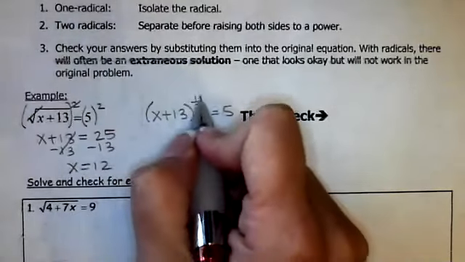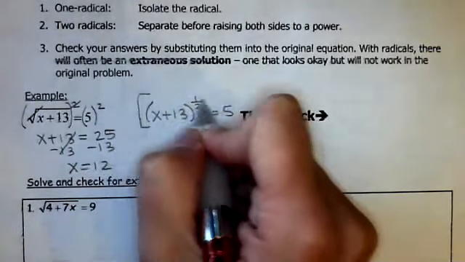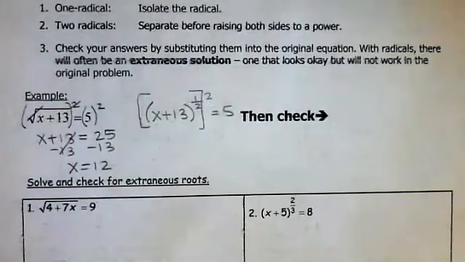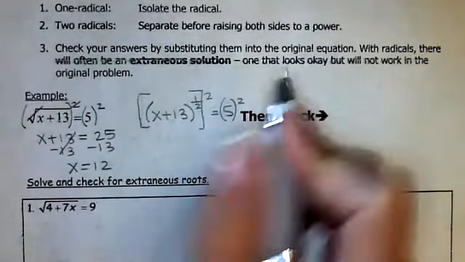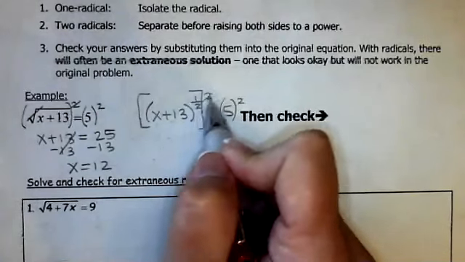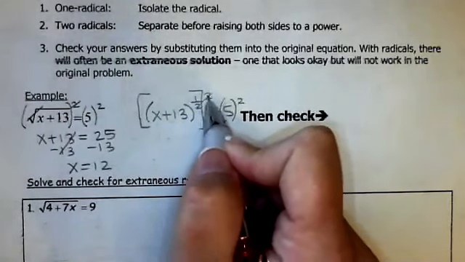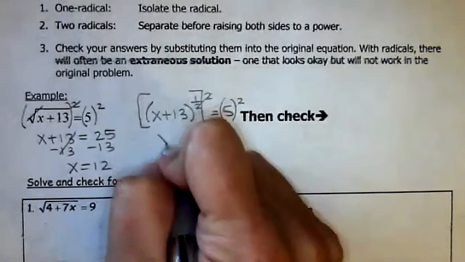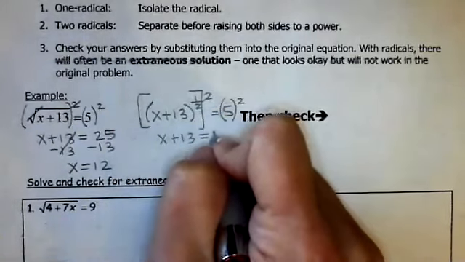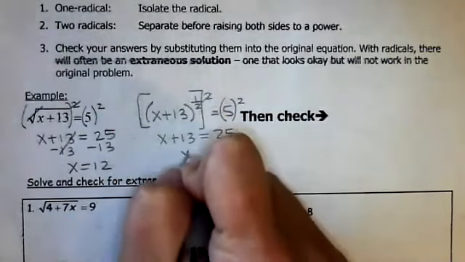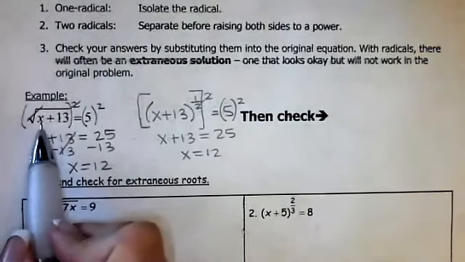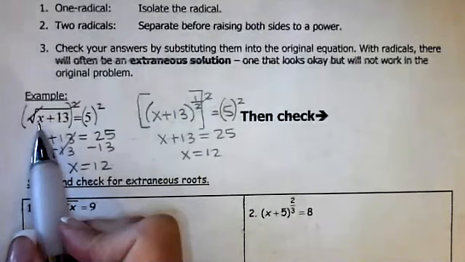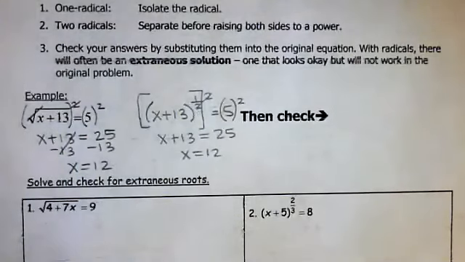In this case, to get rid of the 1/2, it would still be squaring it because that's the inverse operation. And whatever we do to one side, of course, we do to the other. So this 2 cancels out because one's in the numerator, one's in the denominator, and that's going to cancel it out and free that x plus 13 to be equal to 25. So whether you have it as a rational exponent or you have it as a radical, you should be able to solve that way.